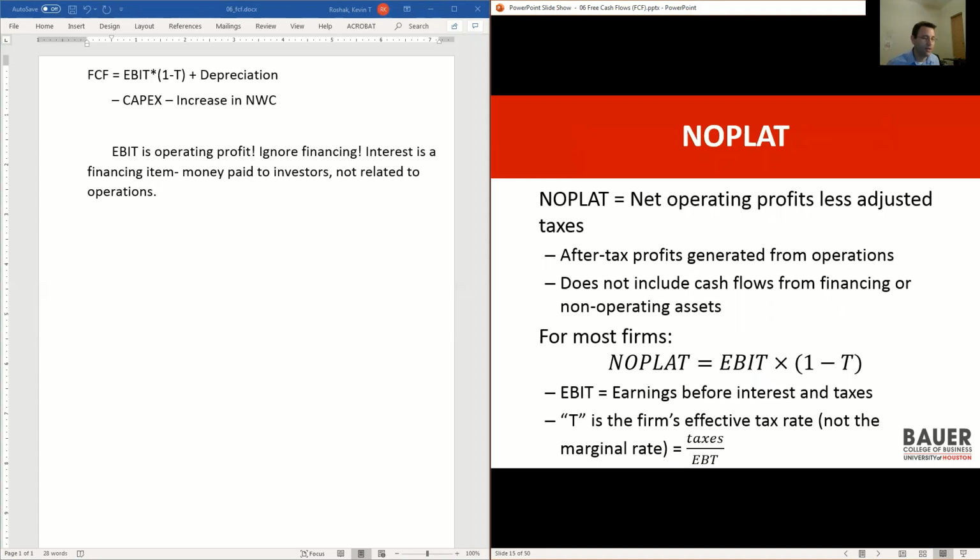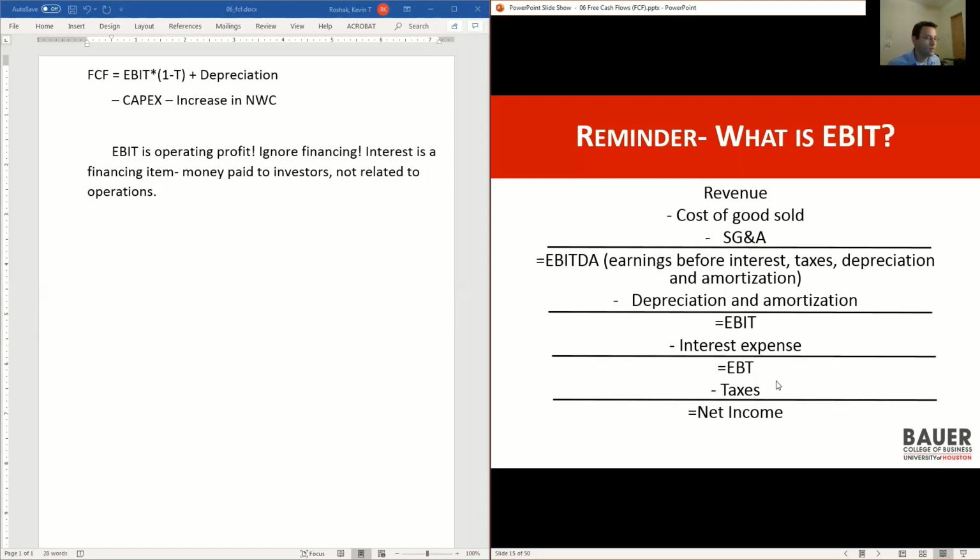And so that's what we saw here. The taxes that you pay divided by your taxable income, that's your tax rate. Okay. So that tax rate is going to affect how much we owe on our profit. So we need to figure that out, and that's a function of our interest. But the operating profit is going to ignore the interest.